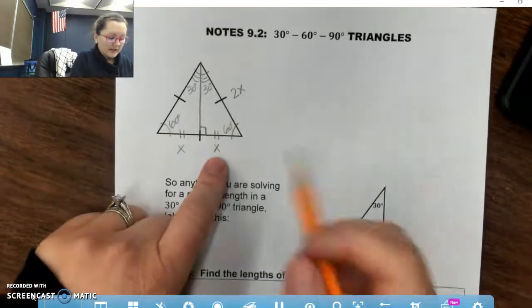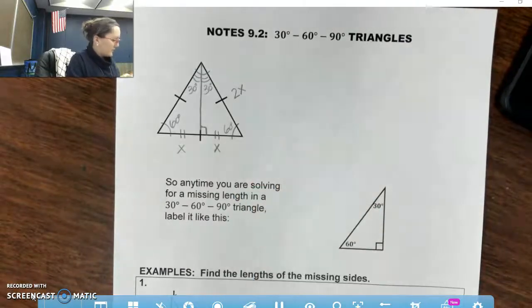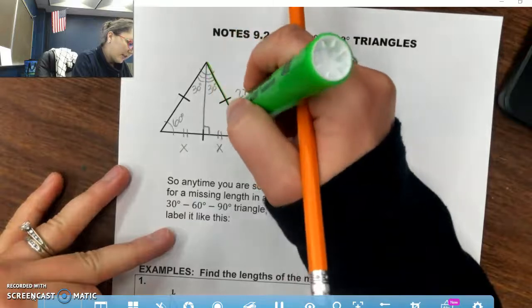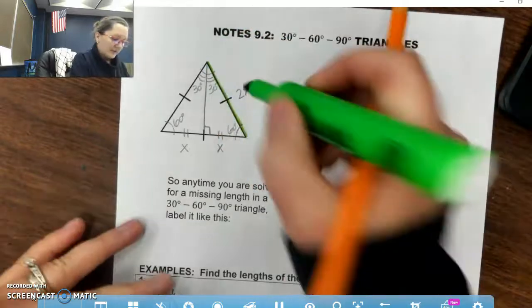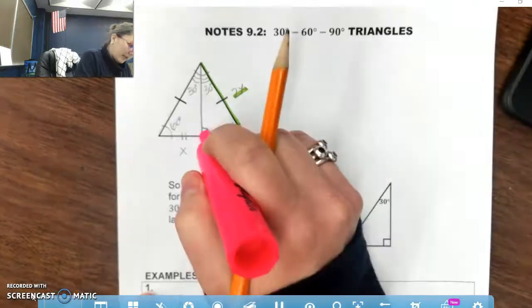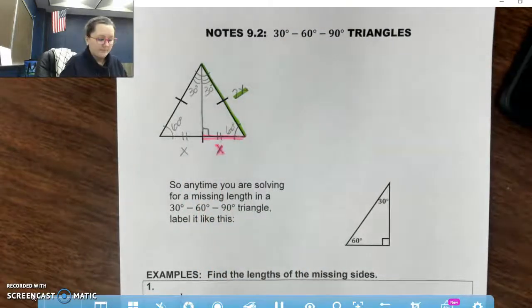So let's look at this. I already know two sides, so I'm going to think about this with my highlighters. I'm going to say the green side here is 2x. The pink side, the short side, is x.